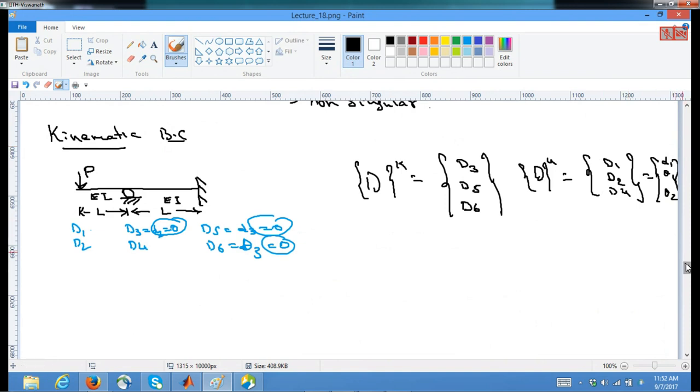So now the reaction forces would be F. K would be, let's call it the reaction force V2. So there would be a reaction force V3 here and a moment M3. So this would be V3 and minus, since it's a hogging moment, it is minus M3. These are the reaction forces.